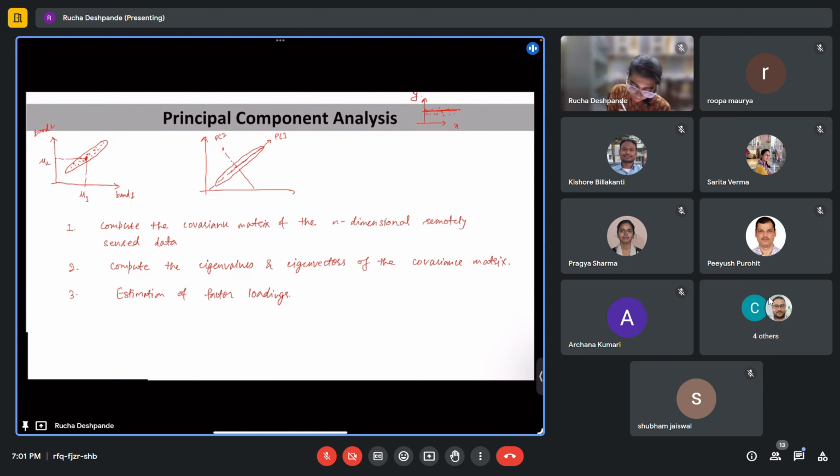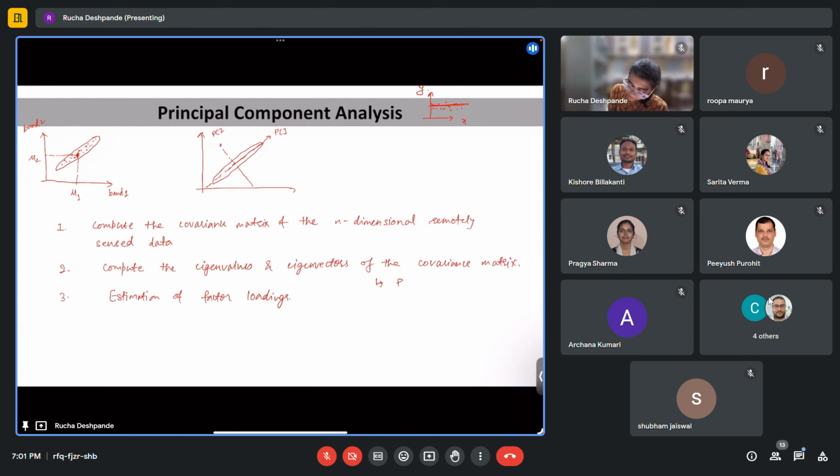Yeah, so here after calculating the eigenvalues and eigenvectors, the principal components would be the eigenvectors corresponding to these eigenvalues. And the principal component corresponding to the highest eigenvalue would be PC1.